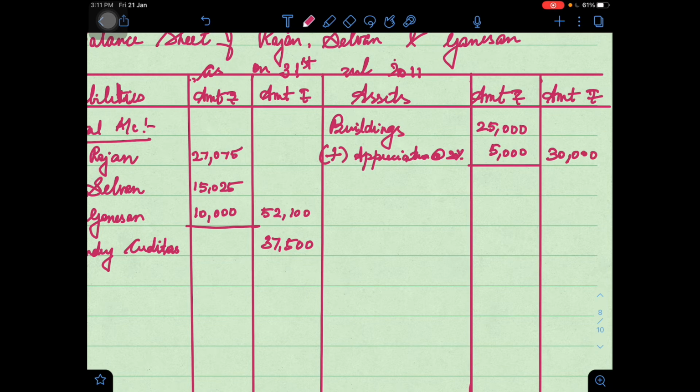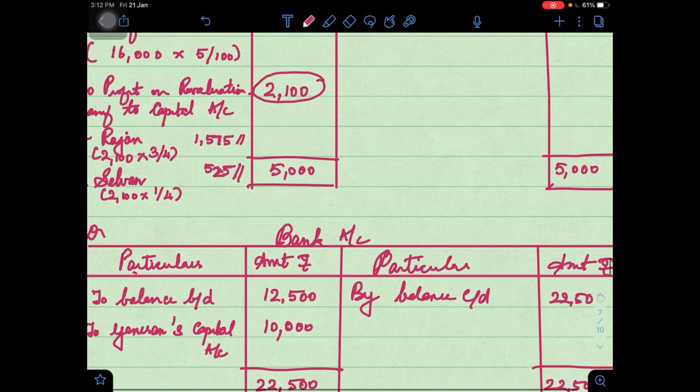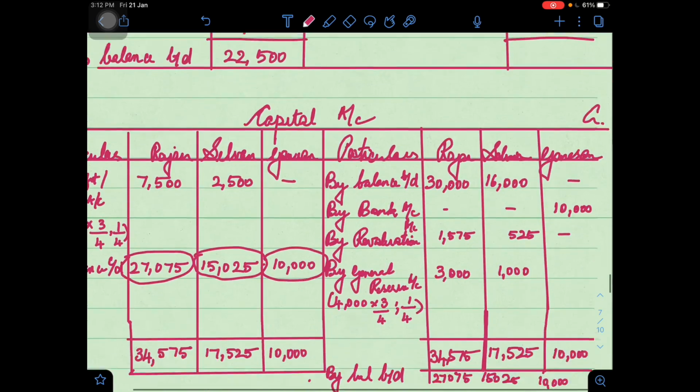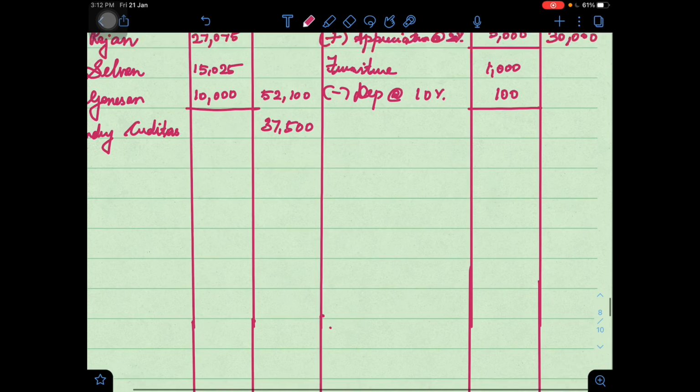Now what about furniture? These values have decreased now. The furniture was 1,000. So you say less depreciation at 10%, which was 100. We show the debit side of the revaluation and see that one. This 100 now I am going to minus.